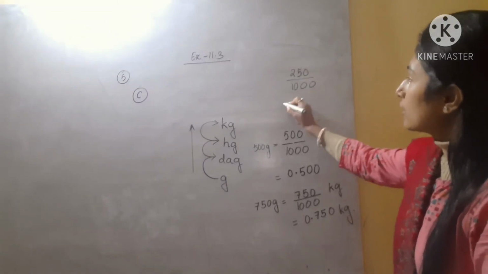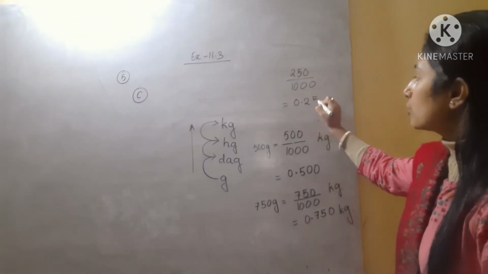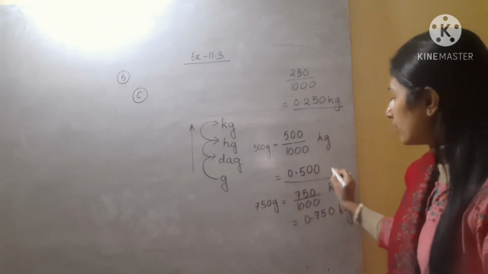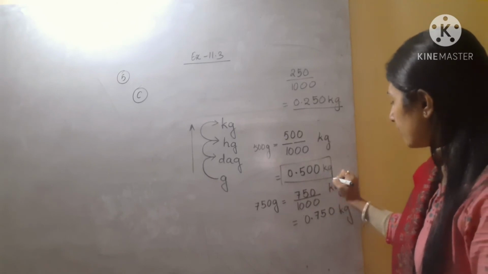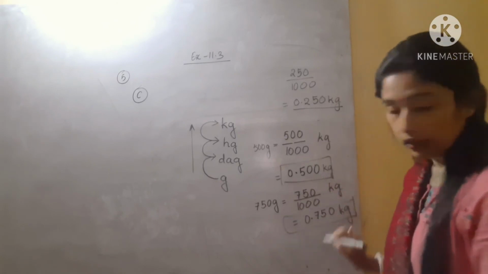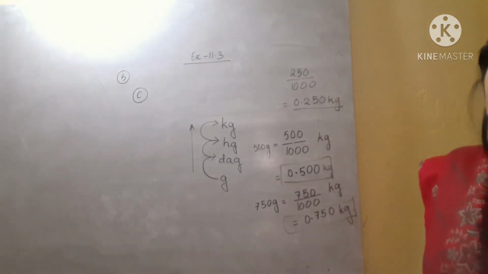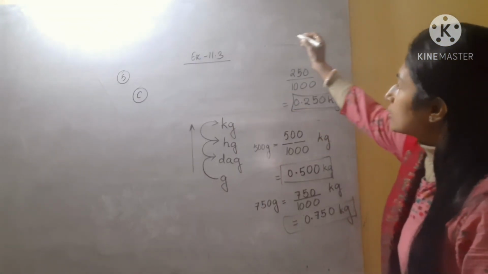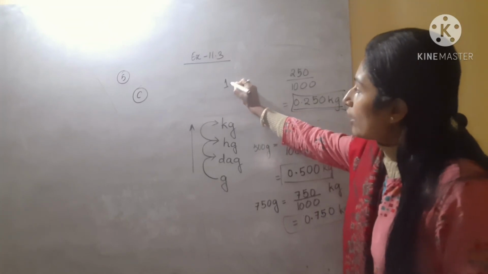Okay, so you will get 0.250 kg. So see here all are now in kg. Okay, these all are now in kg, and the last one, that is oranges, they are already in kg, that is 1 kg. So you know that 1 kg we can write as 1.000 kg.